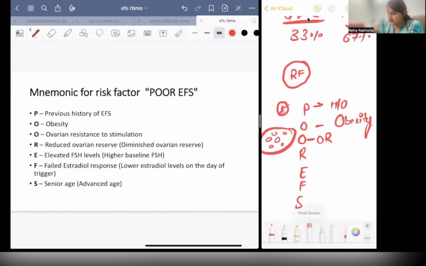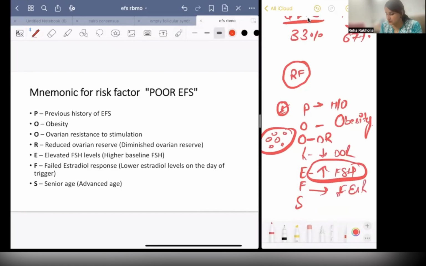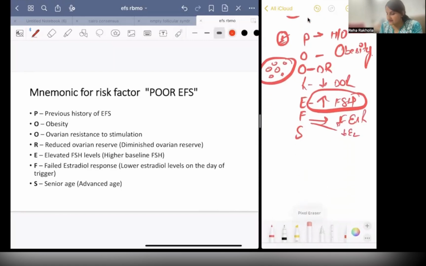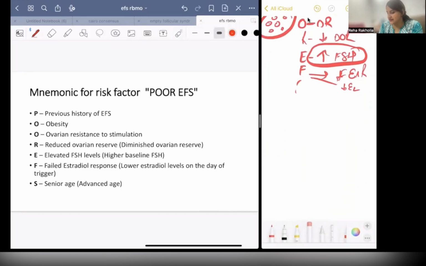Then R, reduced ovarian reserve, diminished ovarian reserve. Okay. E is elevated FSH. F is failed, decreased estradiol response, meaning low estradiol. S is senior age, senior citizen age.